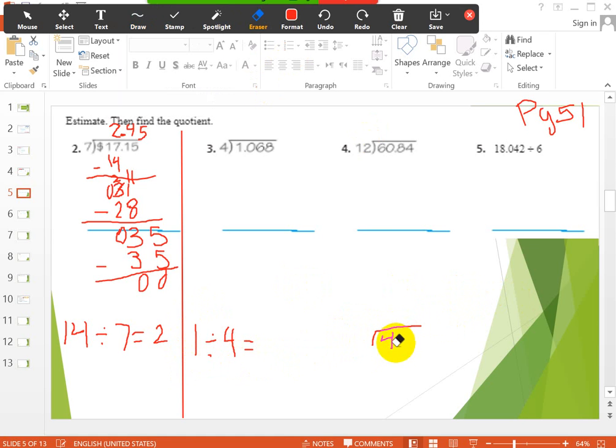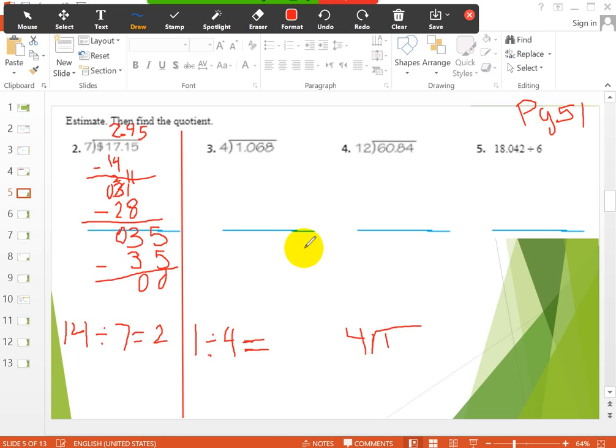Sorry, I will write it again for you. 1 divided by 4 as a fraction is 1 over 4.